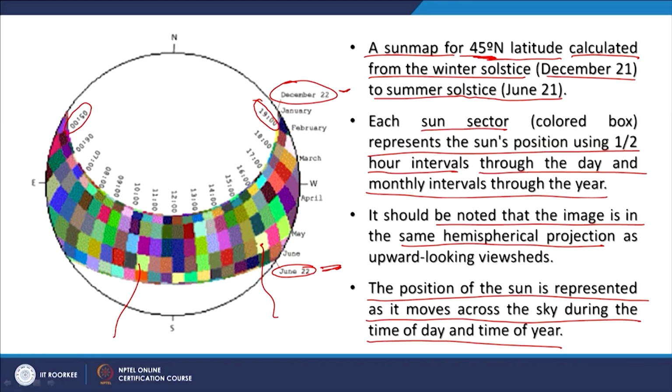If I take an example that is given here, say I start with 10 a.m. Now 10 a.m. in a month of February or March or June, say in May, this is the position of the sun in May. So this is how this sun map will depict all these details.